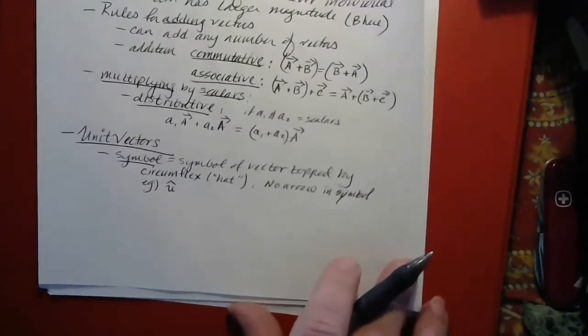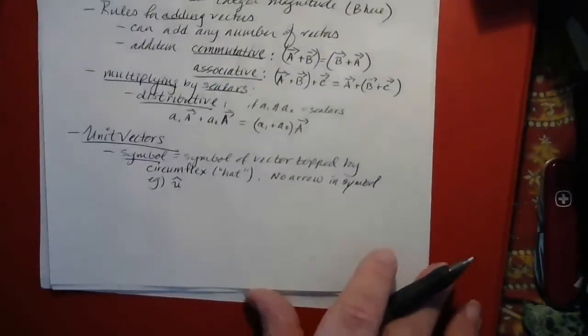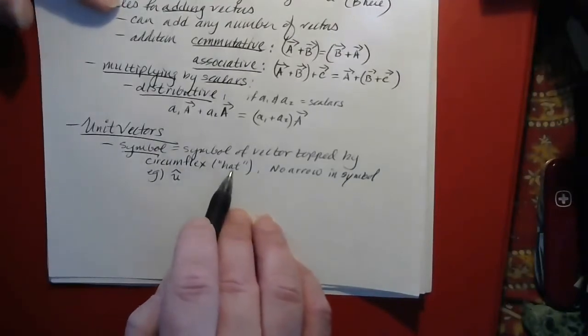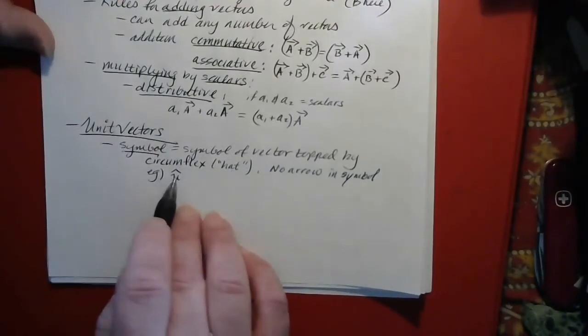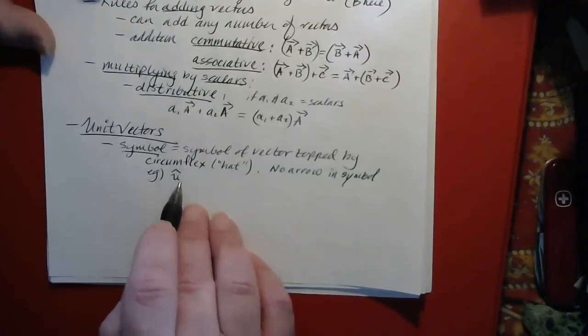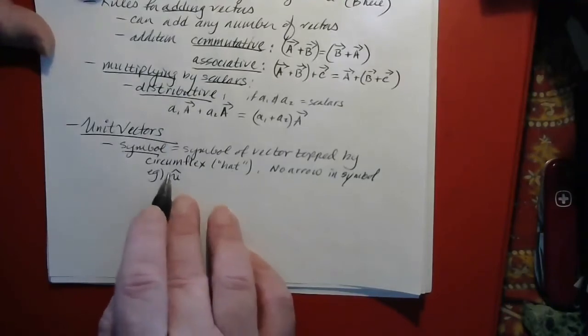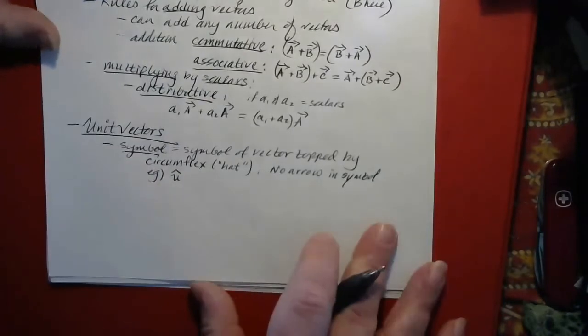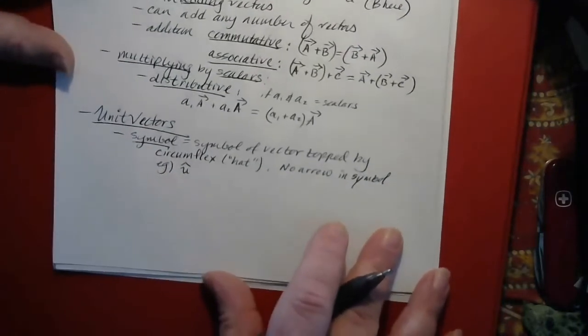I'm not sure what it's called in English. That's what they call it when they use it in French, anyway. Circumflex. I guess in English we often call it a hat. What it means is just a little hat over the symbol. And U, I'm using U as the symbol for unit vector here. U with a little hat over it is the symbol for a unit vector.